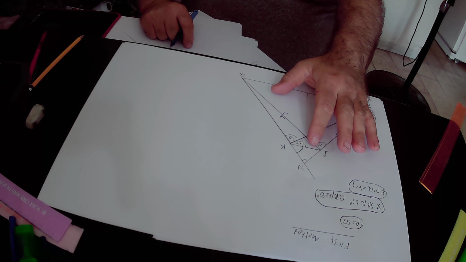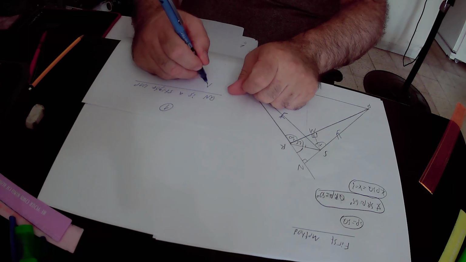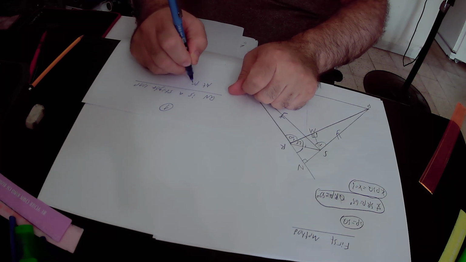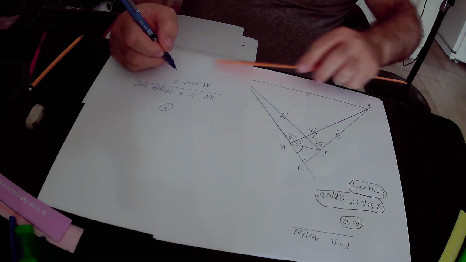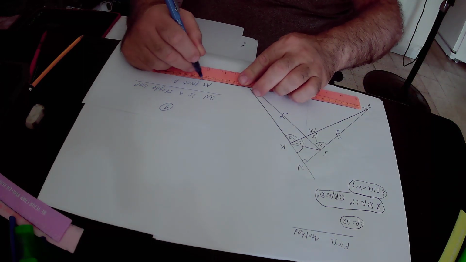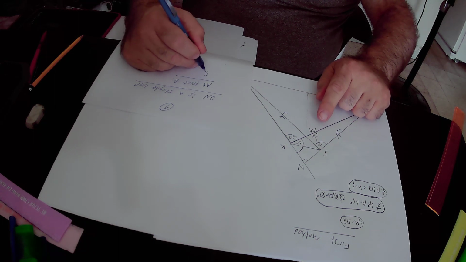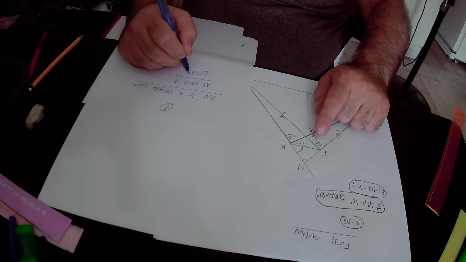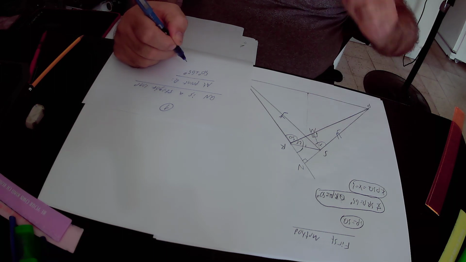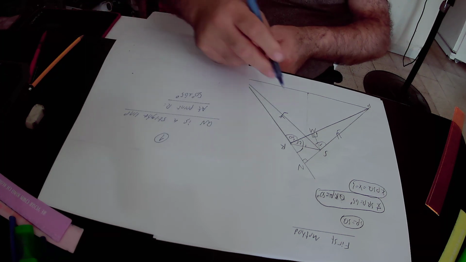So we get that the sum of the angles at point R is 50 degrees plus 65 degrees plus the size of this angle.